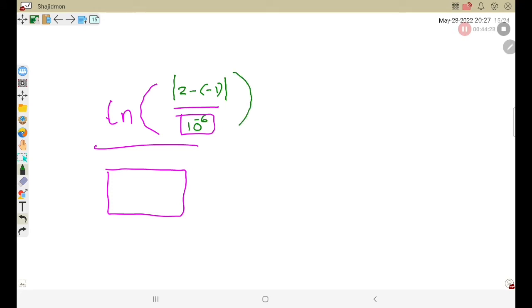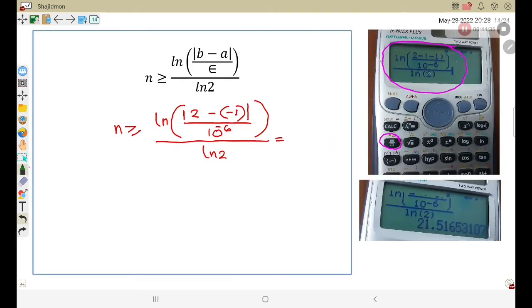Then close this bracket, okay. After that down ln 2. Once you enter this, press equal to, you will get this answer. You can see in our calculator, the number you are getting is 21.5165 like that, correct?